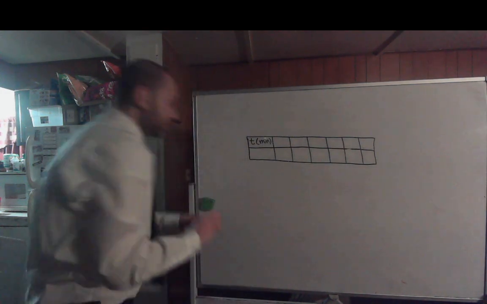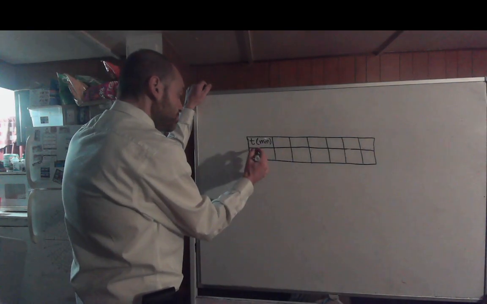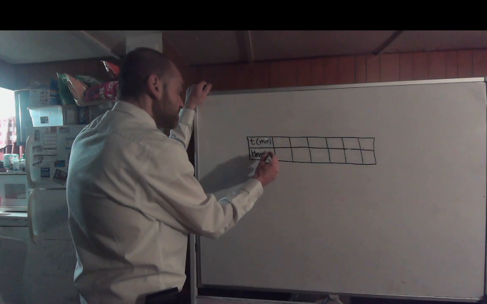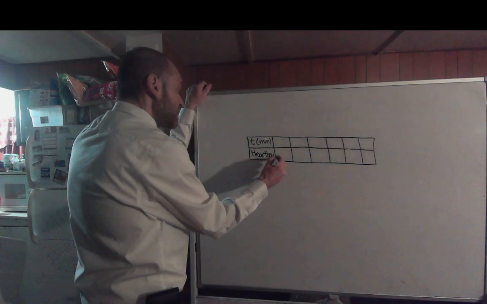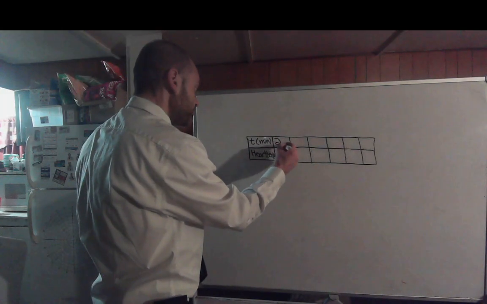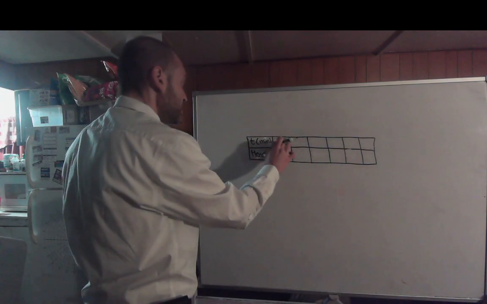Alright, so the top row belongs to minutes, the bottom row is the number of heartbeats. So yes, we're going to be talking about heart rate for this particular example. So let me just build the table. Whoops, that's 36, not 26.